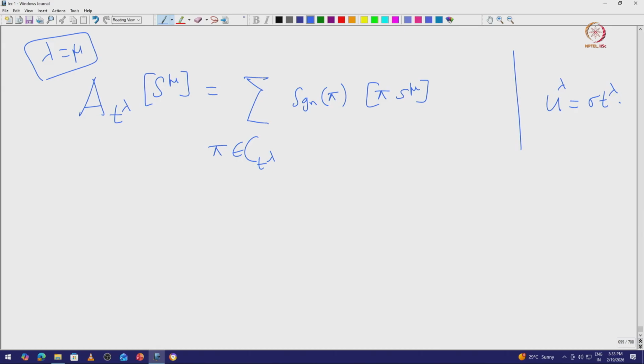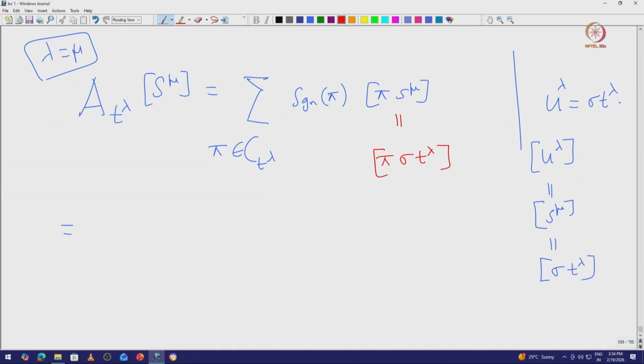Okay, so we want to just simply rewrite things, and we see that the tabloid u lambda is the same as the tabloid S mu. So that means this is exactly equal to the tabloid sigma t lambda. Now if we substitute there, this you can replace by pi sigma t lambda. Okay.